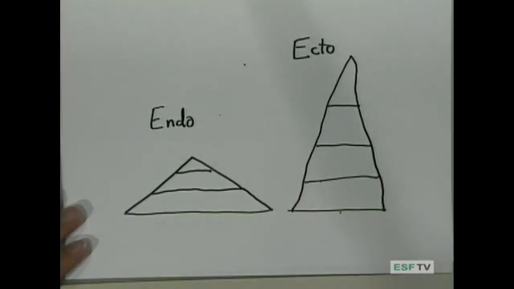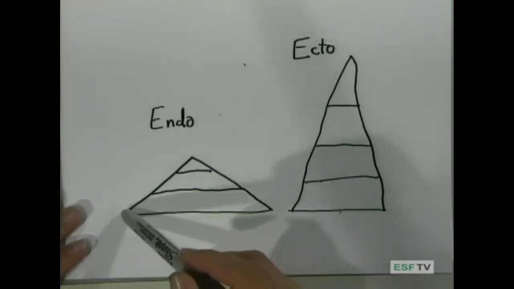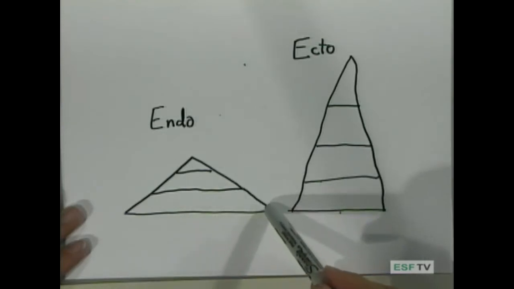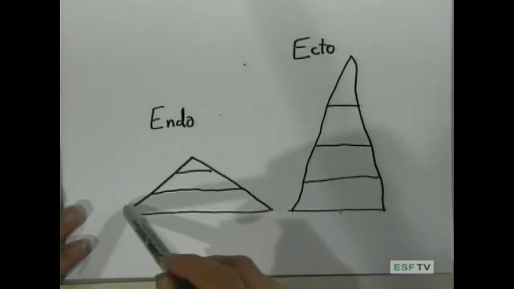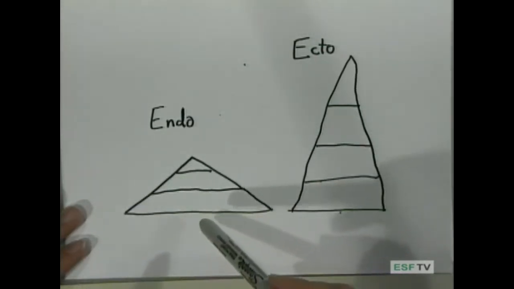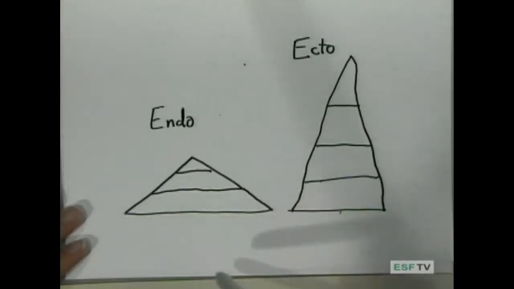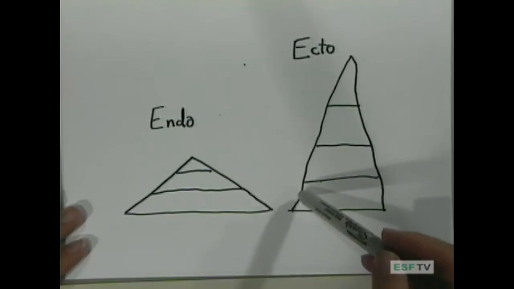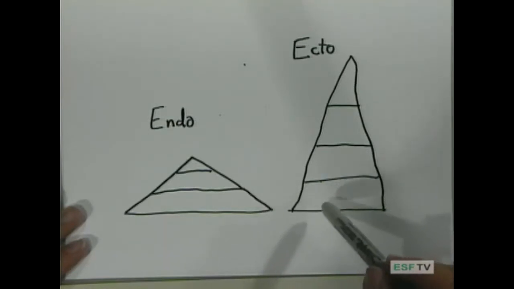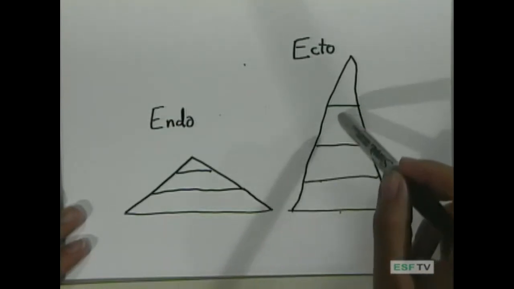Now, endotherms heat themselves, so they require a lot of energy to do that. So what you might see is more energy lost. It quickly decreases the amount of energy available to the next level. And because of that, it might not go as high. Now, if you had an ecosystem dominated by ectotherms, you'd see less energy loss per level.